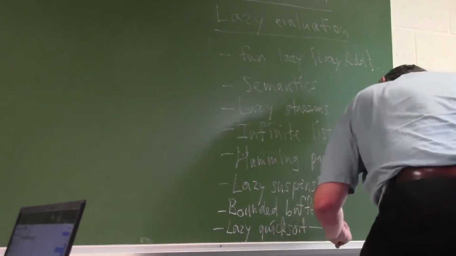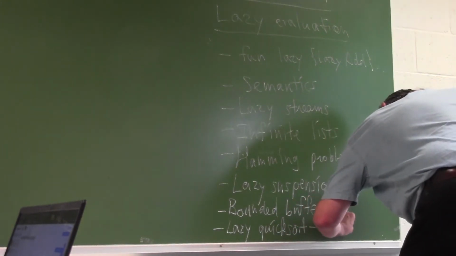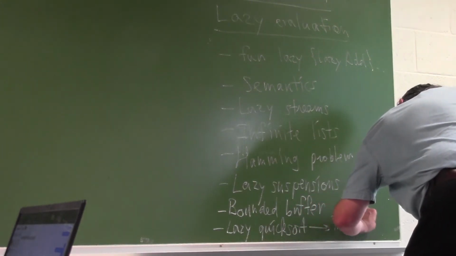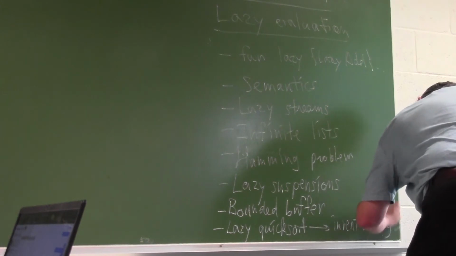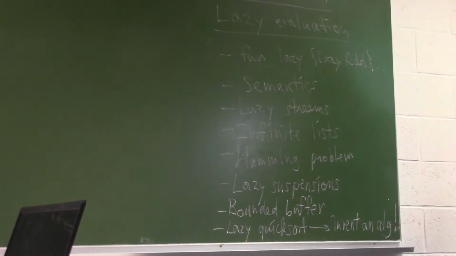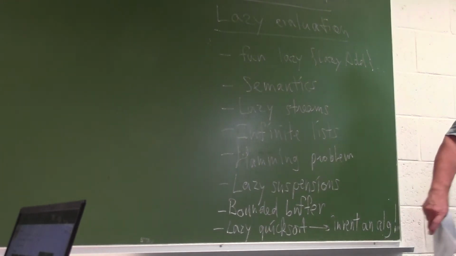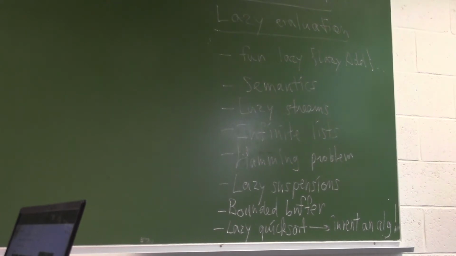Here is where the laziness will actually invent an algorithm. So the lazy computation will do as little work as possible. This is a property of how it evaluates. And in fact, in the previous course, we saw in the lambda calculus that there's applicative order and normal order.